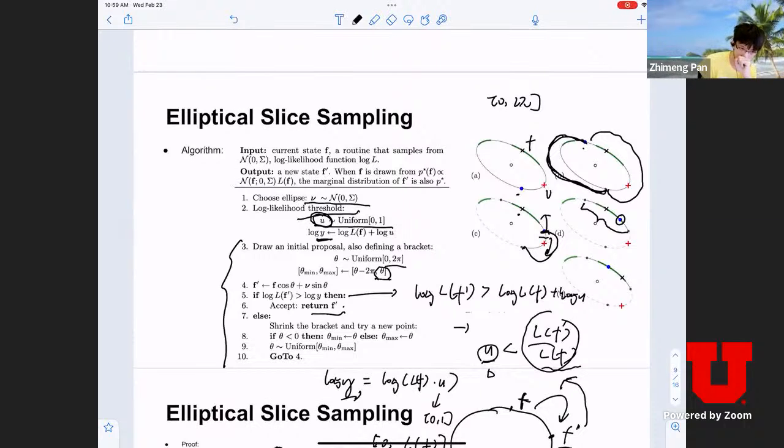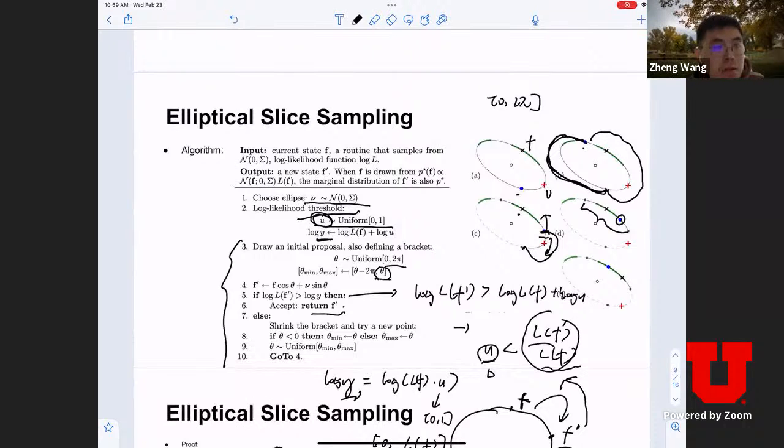So if the new point is exactly the old point, then this condition will be met. Log f will always be greater than log f plus log u, because log u is negative.